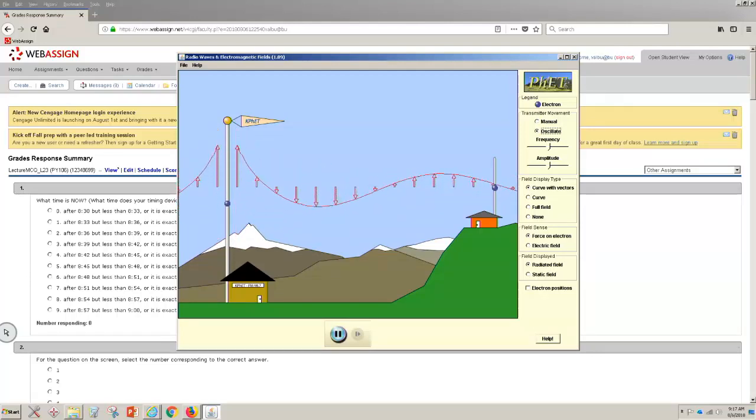That's it. So we have a source, we have a test charge, and that's basically an idea which works for radio, TV, and any type of energy transmission, including light energy transmission.